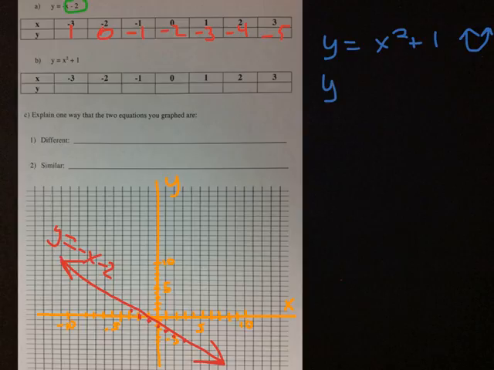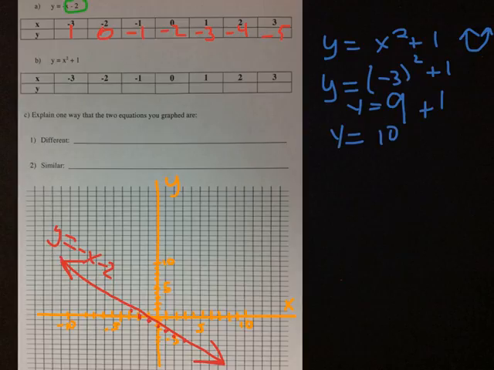So for the first one, it's going to be y equals negative 3 in parentheses, then square it, and then add 1. Well, negative 3 times negative 3 is 9, so that's a positive 9 plus 1, so y equals 10.